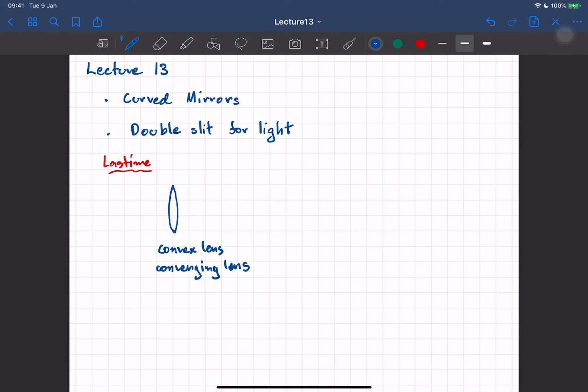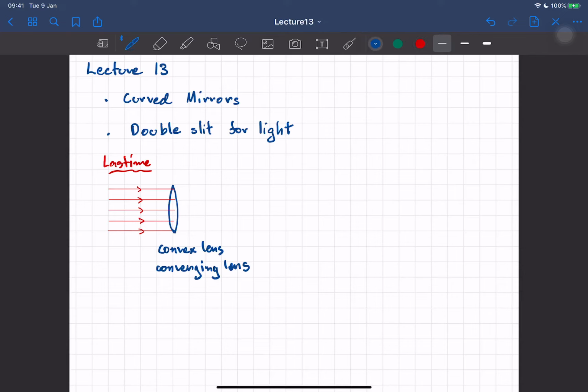But again, personally, I like the term converging lens more because that tells you right away what the lens is doing. So converging lens, like the name suggests, is gonna converge light rays. The main property of this kind of lens is that if you have light coming from the left in a straight line, parallel rays like this, the role of this lens is to converge all the light rays into a single point.